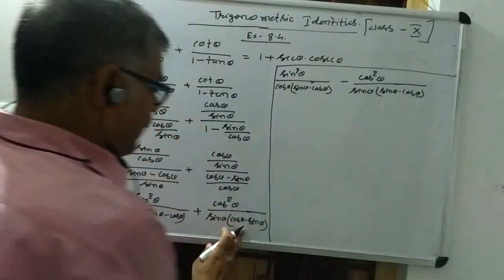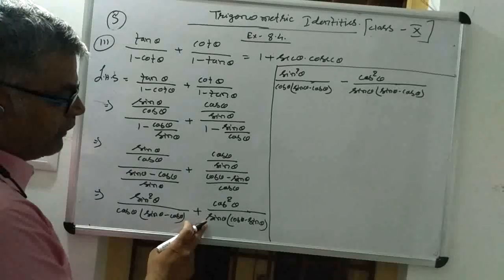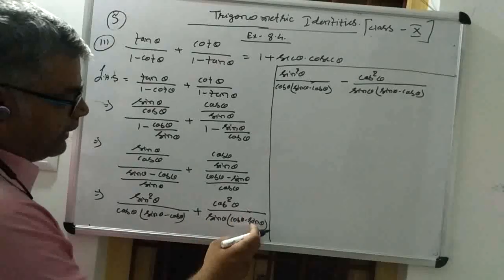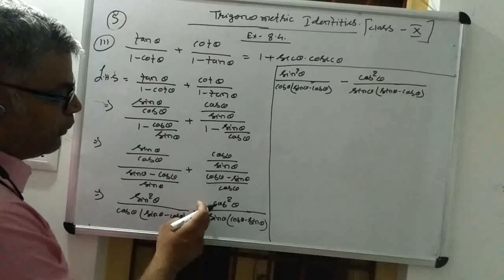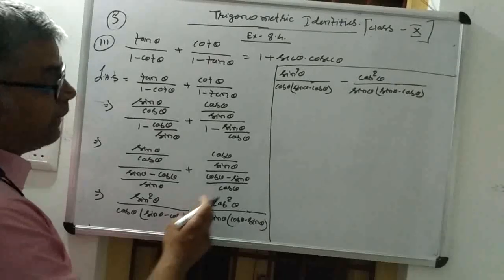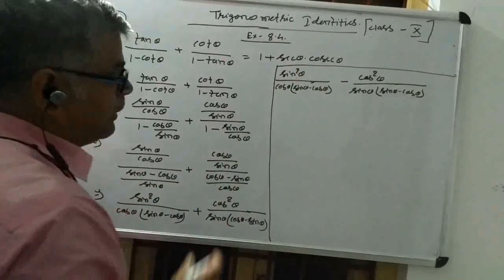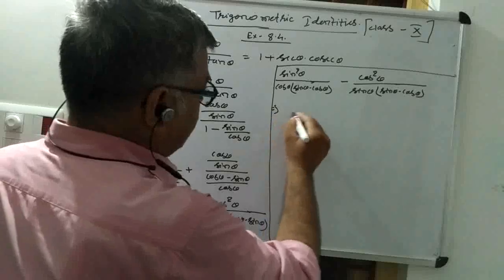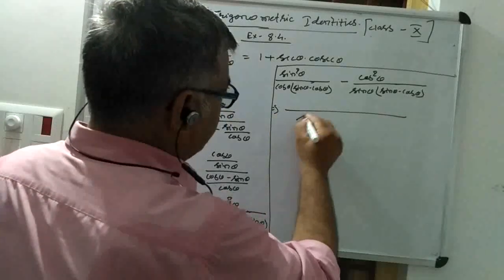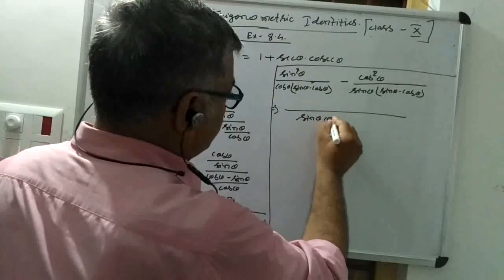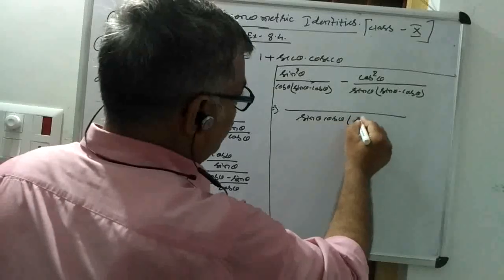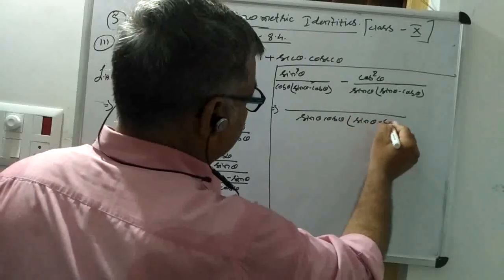When you take the minus sign common, it becomes sin theta minus cos theta, and plus minus will become minus here. Now again you take the LCM, so your LCM will be sin theta cos theta into (sin theta minus cos theta).